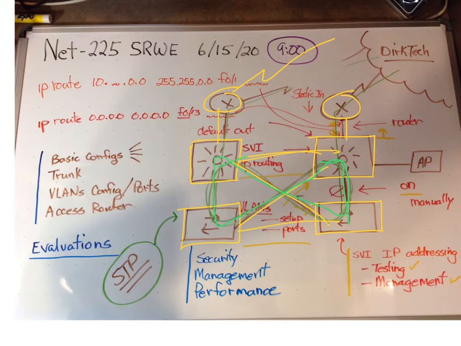Just an example of a loop. You could have a loop here. Somehow or another, you're going to have to block some ports. I did an example here. We're going to have to block some ports and set up a route through this network so that we still have the redundancy, but yet don't have the problem with loops. And that's where we talked about spanning tree protocol.